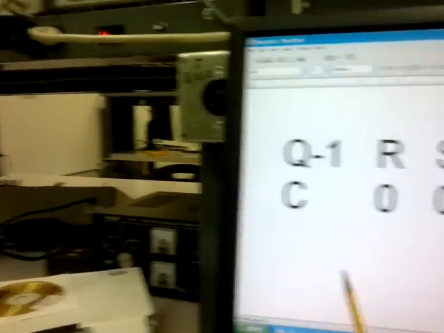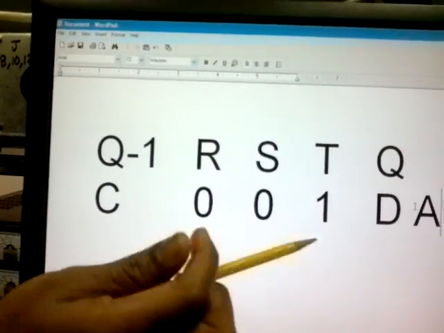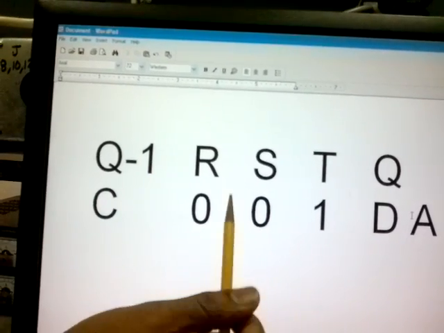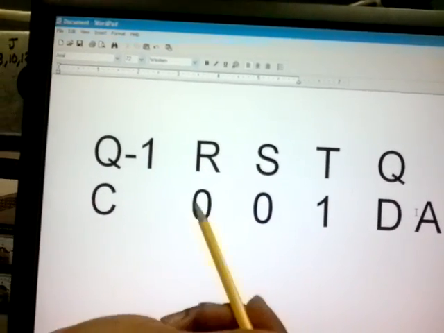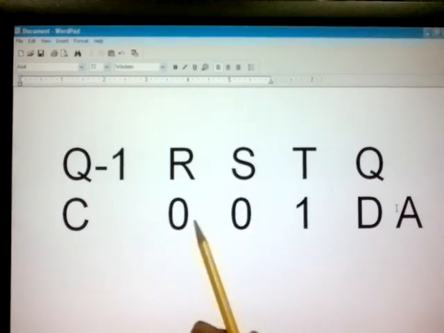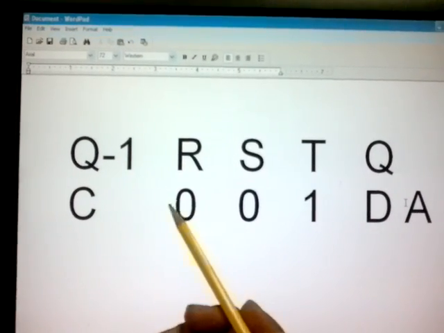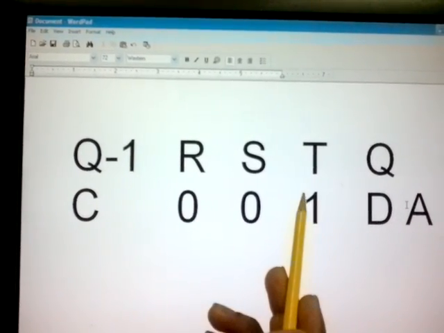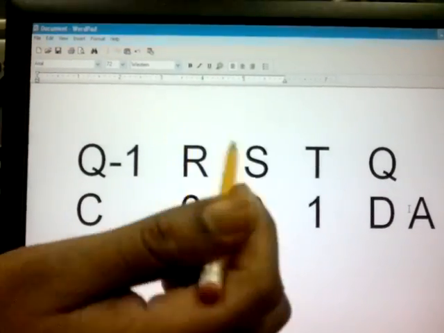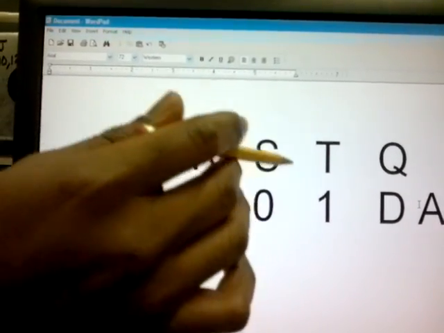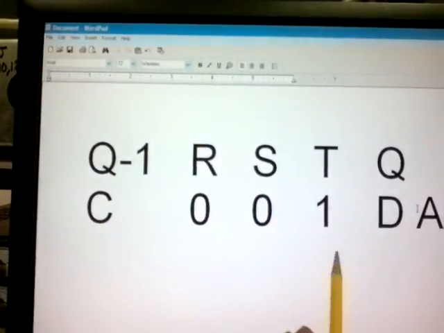All right, to go from C to D, the two important inputs are R and T. So R has to be low and T has to be high, but S is a don't care, because the input is not important.